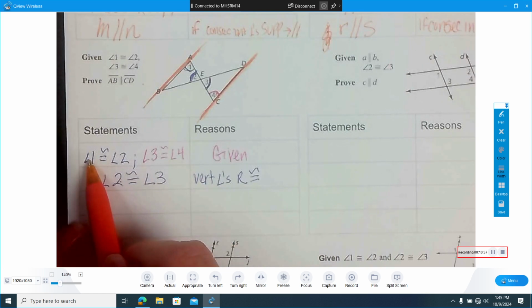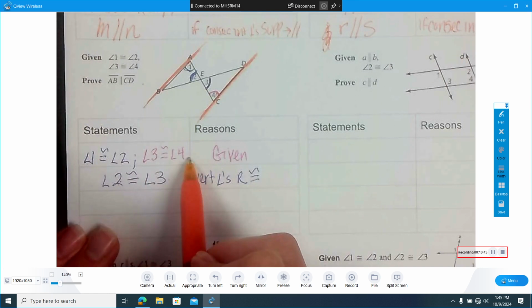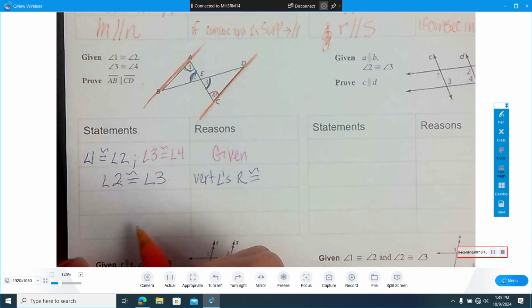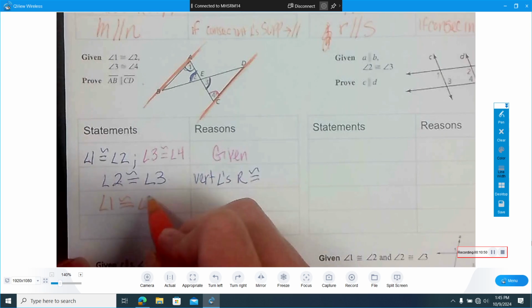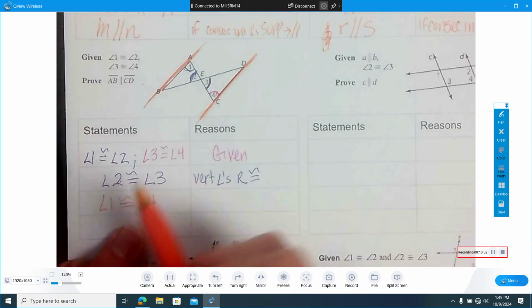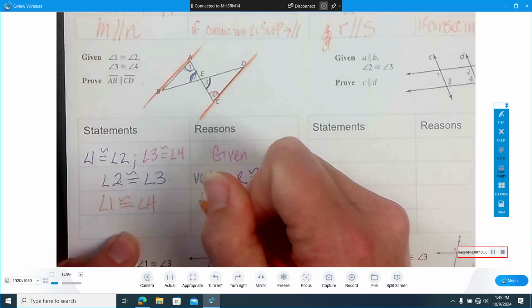All right, so 1 is congruent to 2, and 2 is congruent to 3, and 3 is congruent to 4. So what can we conclude? Angle 1 is congruent to angle 4. What property allows us to follow that? Transitive, yes.